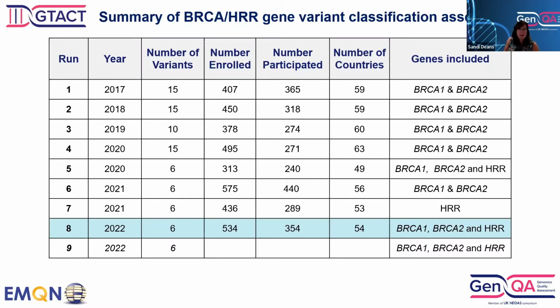You don't know what's coming in the door. You don't know which genes are going to have the variants in them. So they much prefer to have that range of BRCA1 and 2 plus also the HRR gene variants included. Hence the change of format for 2022, whereby we've had all of the genes included in both runs. So next slide, please.